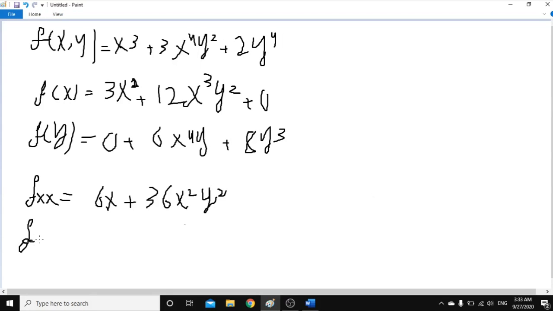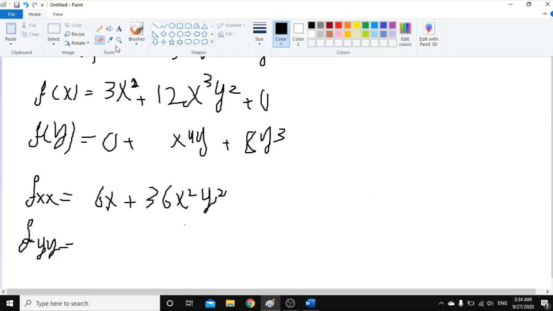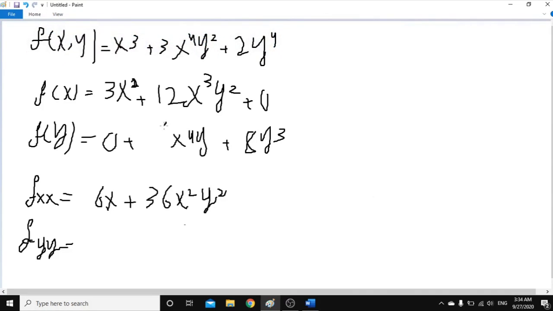Let's take the other function, f with respect to y with respect to y. So it's the same concept. We're dealing from this equation again with respect to y. So here 0, it's still 0. We don't have to write it. Here it must be 6.